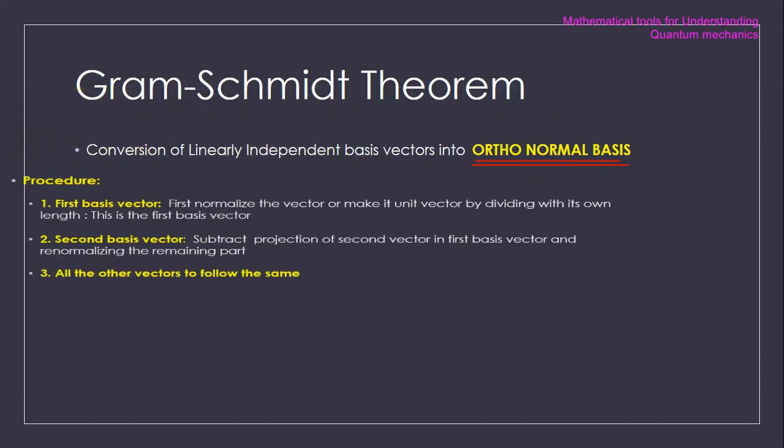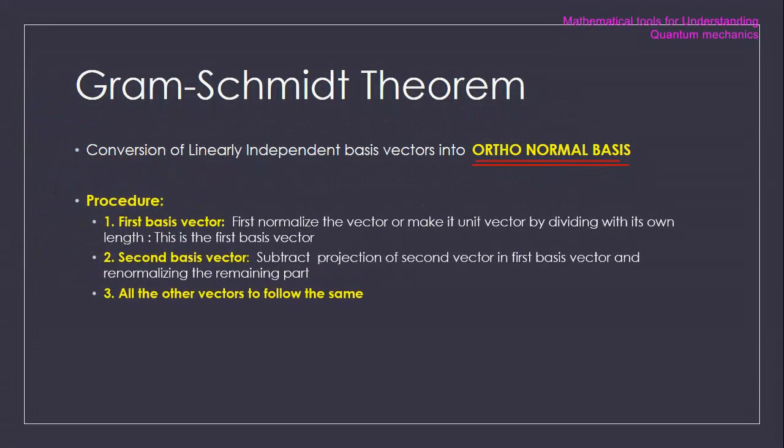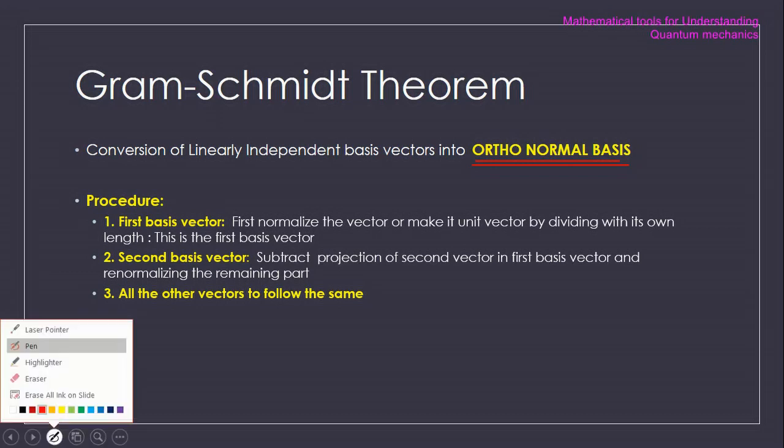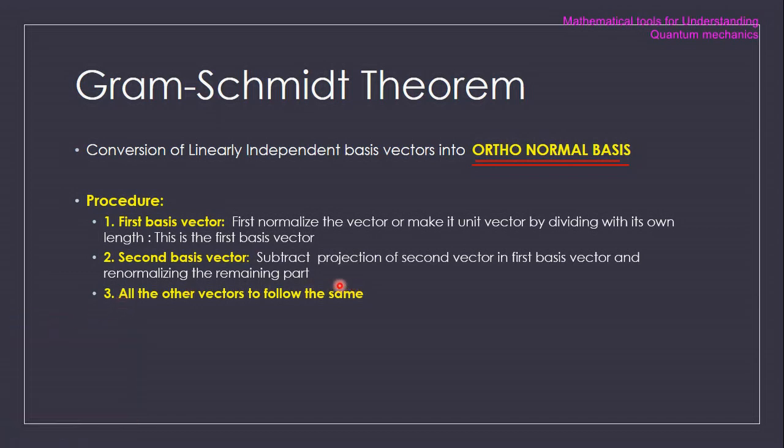The procedure is like this: first basis vector, then second basis vector, then the third basis vector, and all the other basis vectors. The first basis vector, we take the same vector and normalize it, or make it a unit vector. We can do it by dividing by its own length.